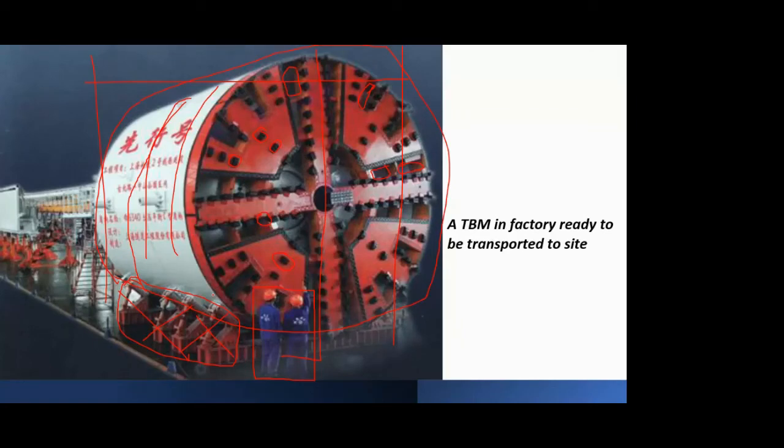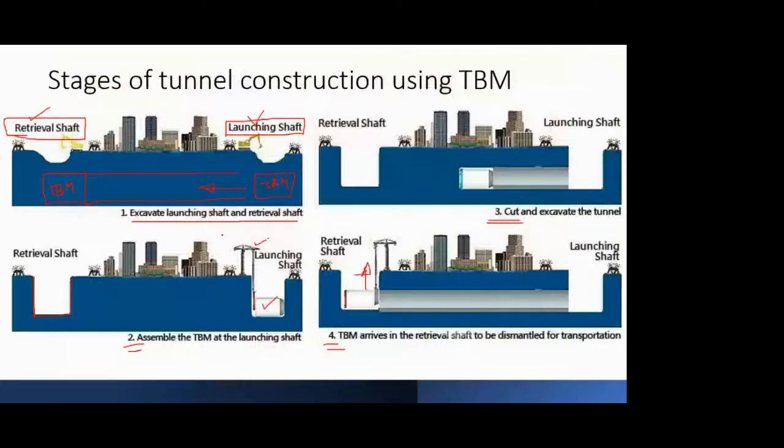But if your site conditions do not permit you to lower this complete TBM at once, you will assemble it in parts, and then the remaining assembling you will do in the shaft itself, after lowering it down. The same way, while retrieving also, you will dismantle it step by step in stages, and then take it to the surface. So these are the stages of tunnel construction using a TBM.